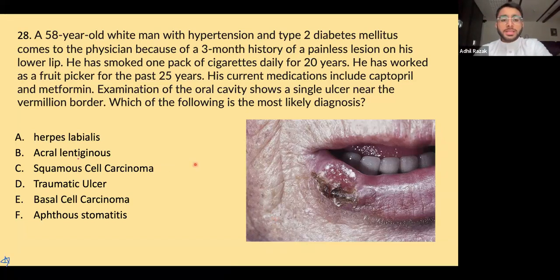Which of the following is the diagnosis? Very straightforward answer. This is squamous cell carcinoma. I'll tell you how you can differentiate between the two of them very soon. Someone said basal cell carcinoma.